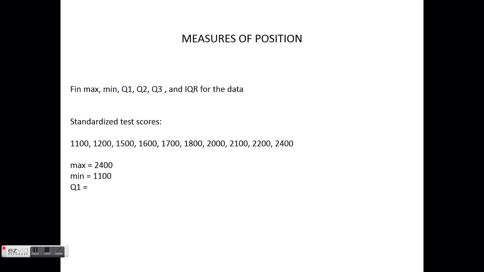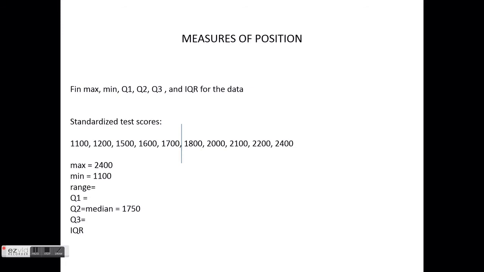Think about it for a second. We have 10 values, so it's going to be in between the 5th and 6th, and the median would be 1750.